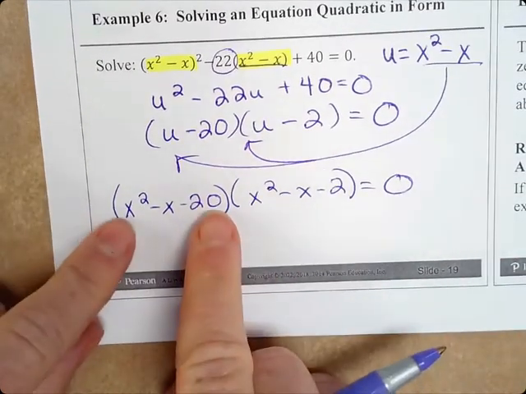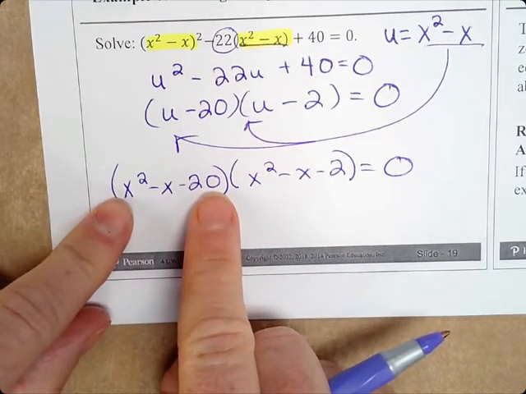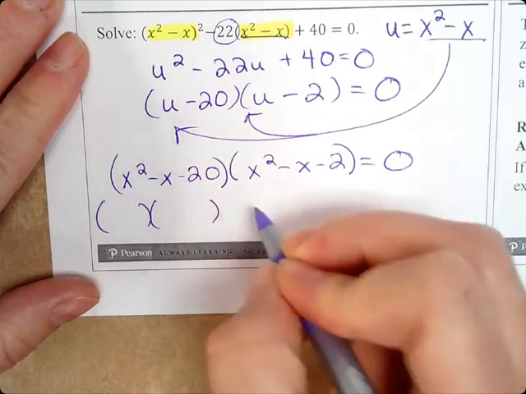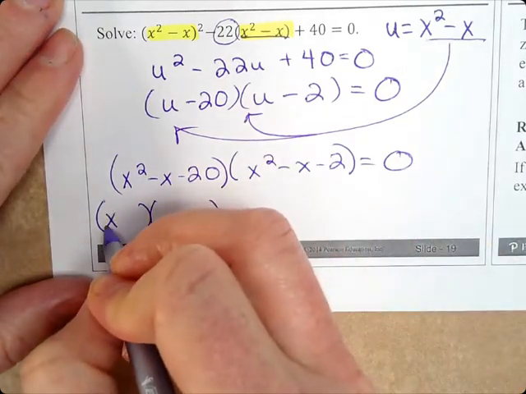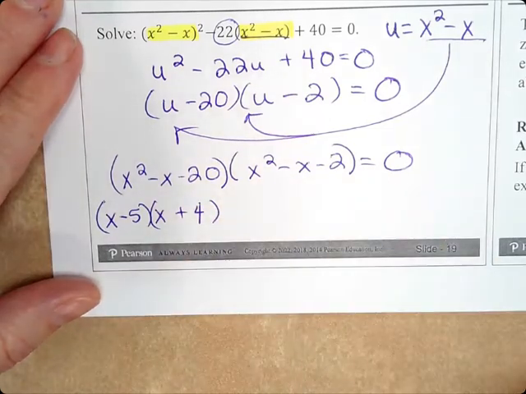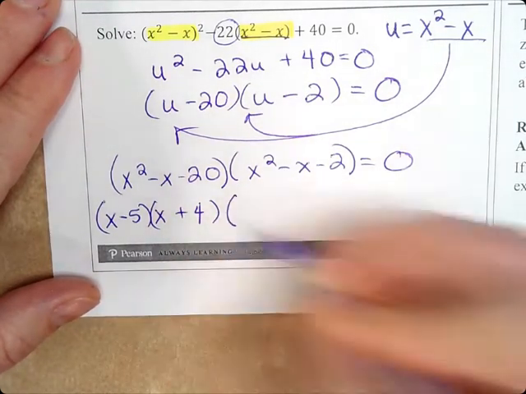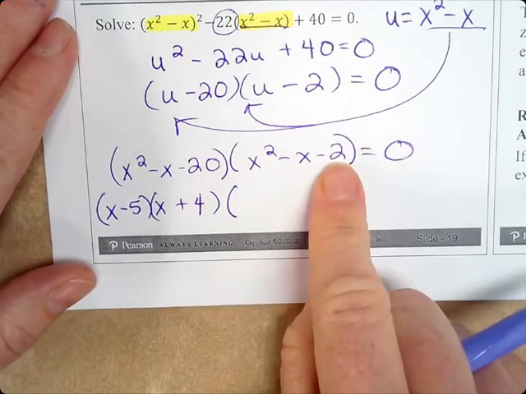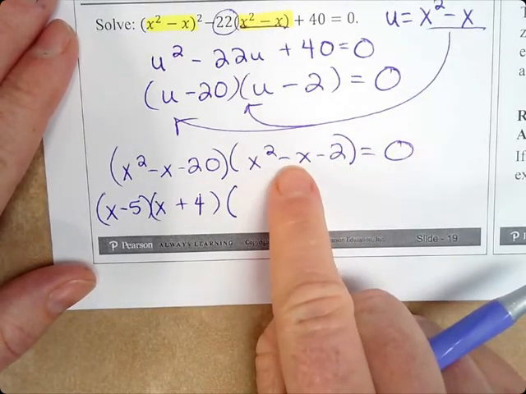And so what are the factors in negative 20 that add to get negative 1? Negative 5, right? And positive 4. And then multiply to get negative 2, but add to get negative 1.